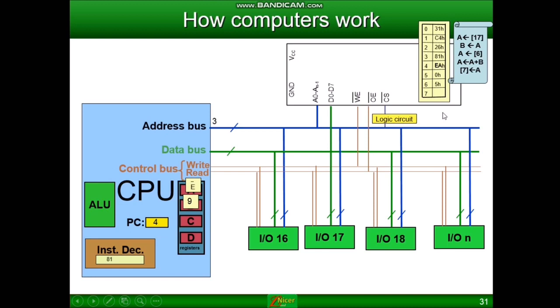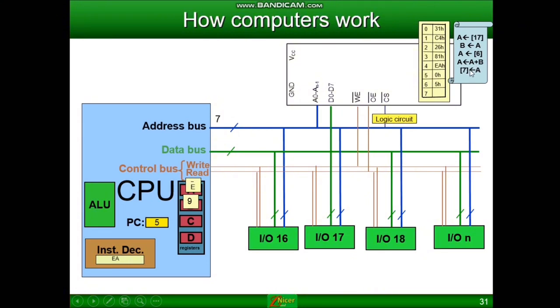And that E is stored in A because that was the program set by the human language. Coming to the next program counter, that is 4. Now it's going to give out 4 to the address bus, and we have EA as our instruction decoder. This instruction decoder is going to come here, and we're going to move to the next program counter, that is 5.